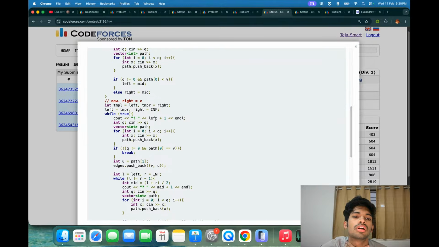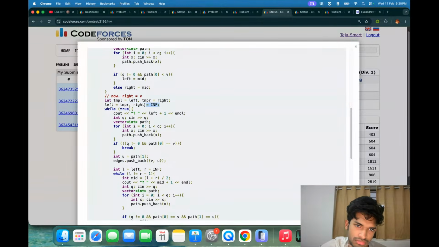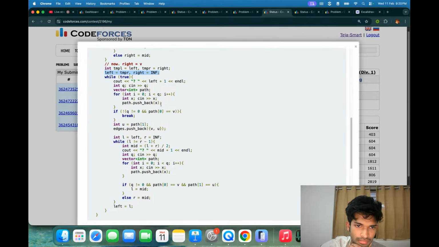And then we are doing. So this L is definitely greater than this left.